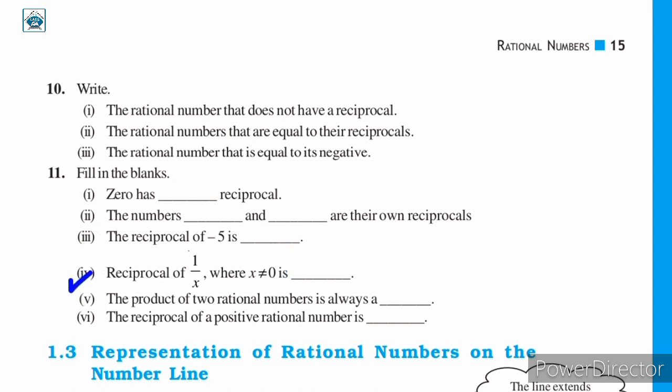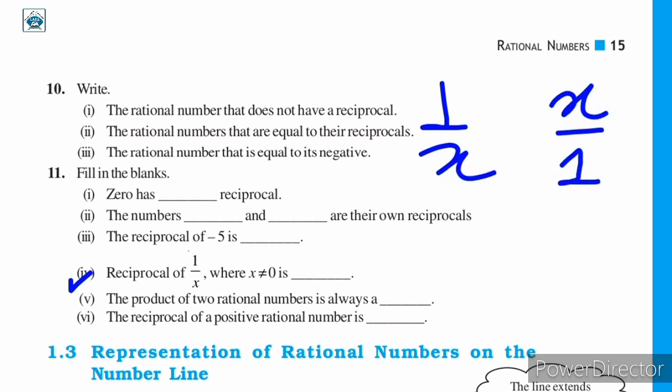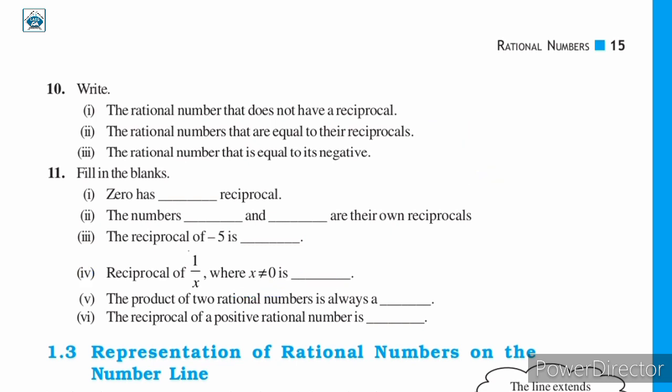Question number 4. The reciprocal of 1 upon x, where x is not equal to 0, is dash. So here we all know the reciprocal of 1 upon x will be equal to x upon 1, which we can simply write as x itself. Therefore, the reciprocal of 1 upon x, where x is not equal to 0, is x.